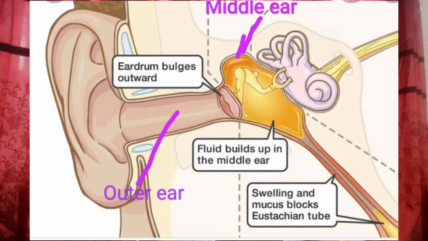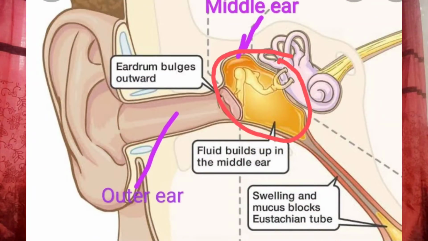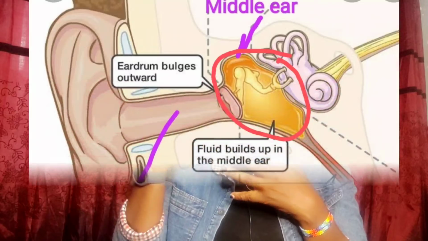So when that happens, there's accumulation of mucus and other serous fluid that are being produced in the middle ear, because draining is the function of the eustachian tube. So when they don't come out, they accumulate in there, and with accumulation, it creates a very good field for growth of bacteria or viruses, and then there is an infection around the middle ear.